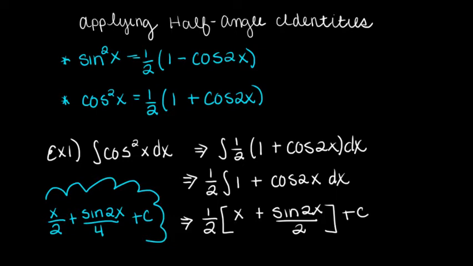Let's go ahead and do an example with sine squared x. So we are given the integral of sine squared x dx. All right, let's go ahead and plug in that half angle for sine squared x.